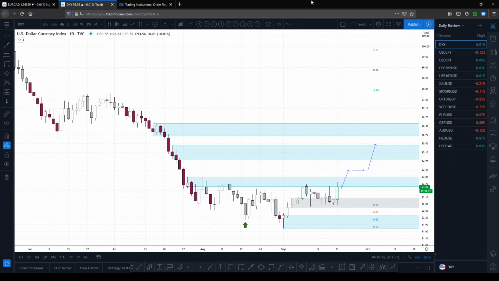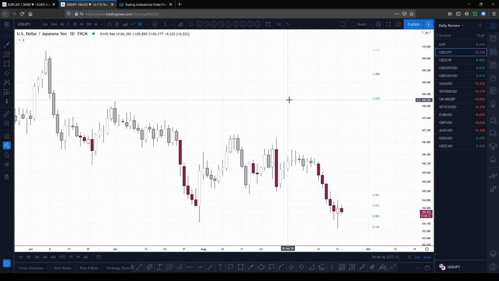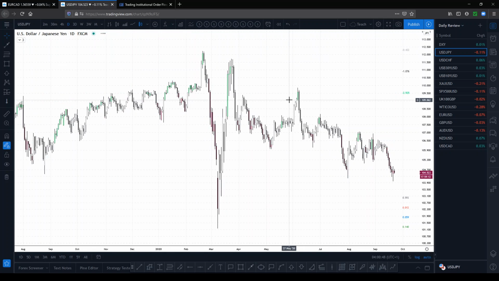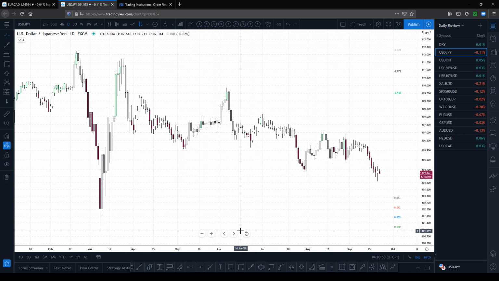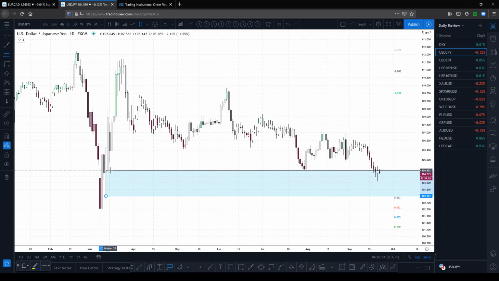Okay. All right, so let's go to the US dollar Japanese yen, looking at the daily chart for that one. So that has continued to battle with this big demand zone. It's come in the first time, it's come in deeper the second time.